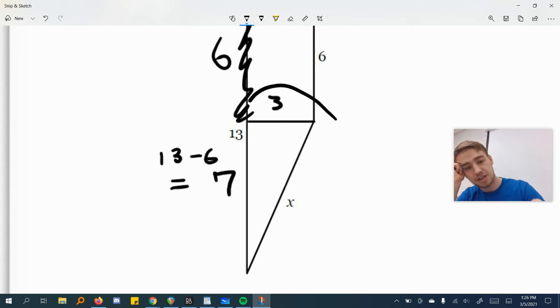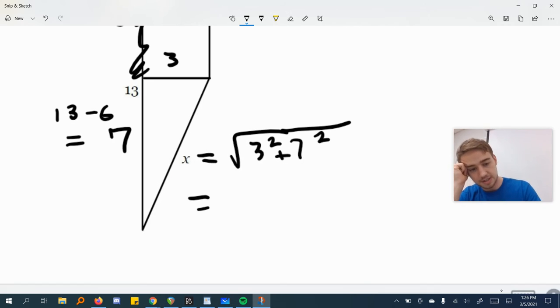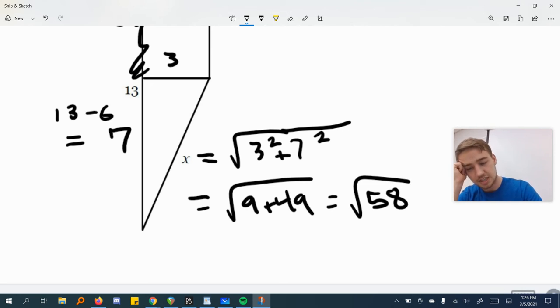So 3 is one leg of the triangle, 7 is the other leg, and x is the hypotenuse. So x equals radical 3 squared plus 7 squared, which is radical of 9 plus 49, radical of 58. And that'll round to 7 point something.